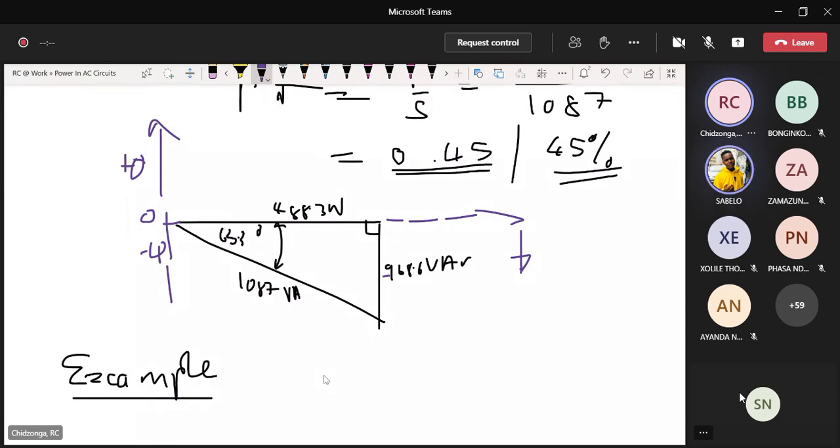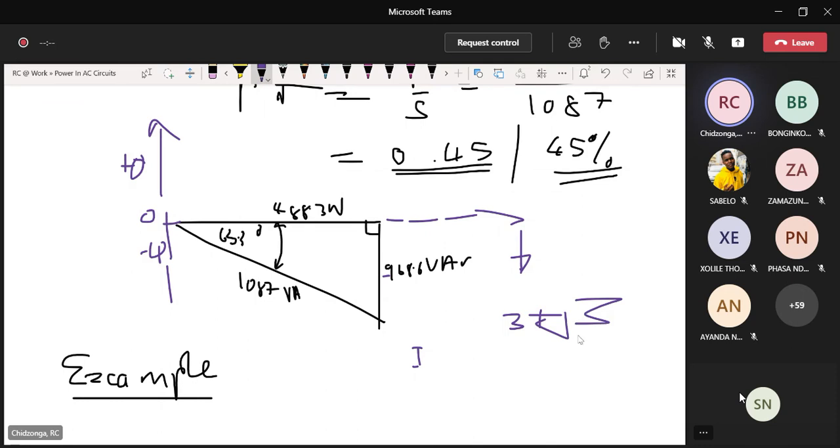Yes, so we do conjugate in a capacitor, and also we can do this in an inductor. You do it everywhere. The issue is the current in a purely resistive load is in phase with the voltage. In other words, the angle is 0. So if the angle is 0, remember the conjugate of a complex number.